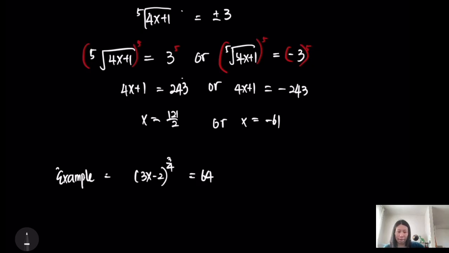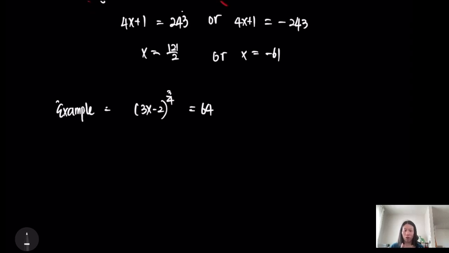Now, again, we want to rewrite it as a radical expression. So I will have 3x - 2 equals, and then we write it as the fourth root, and then raised to the third power.